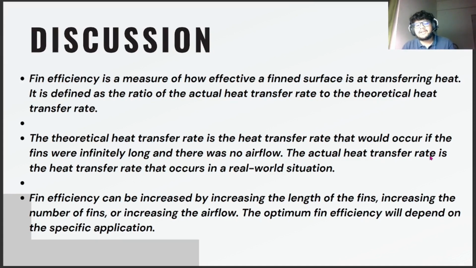The actual heat transfer rate is the heat transfer rate that occurs in a real world situation. Fin efficiency can be increased by increasing the length of the fins, increasing the number of the fins, or increasing the airflow. The optimum fin efficiency will depend on the specific application.